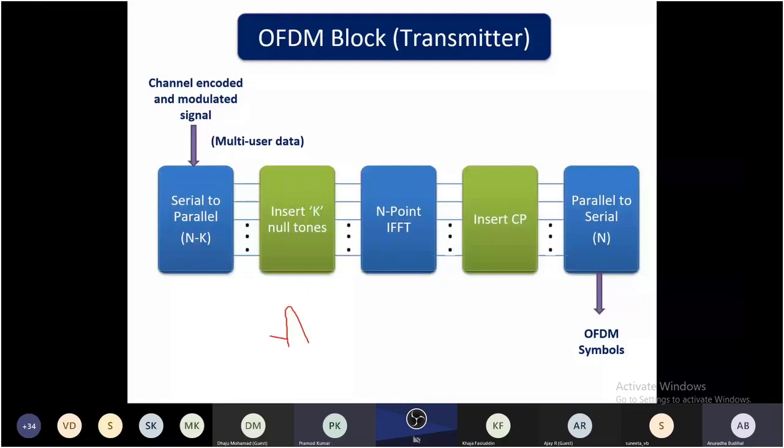If we have a symbol like that, there is some bit of null tones that we'll be adding in between each subcarrier, so that they do not overlap each other. Then we do an N-point IFFT, insert cyclic prefix, then parallel to serial, and then we transmit through the USRP.